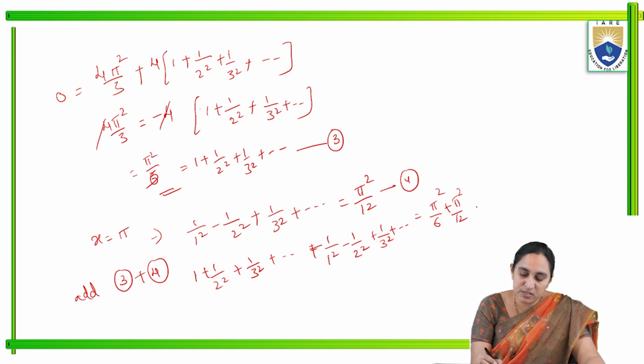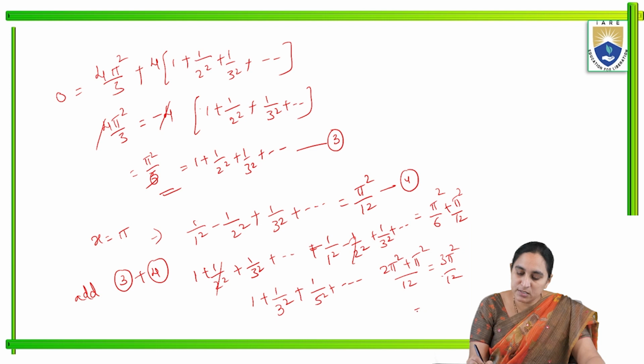The plus 1 by 2 square and minus 1 by 2 square cancel. Then the series 1 by 1 square, 1 by 3 square, 1 by 5 square and so on is equal to, after simplifying, 2 pi square plus pi square by 12, that is 3 pi square by 12, that is pi square by 4.